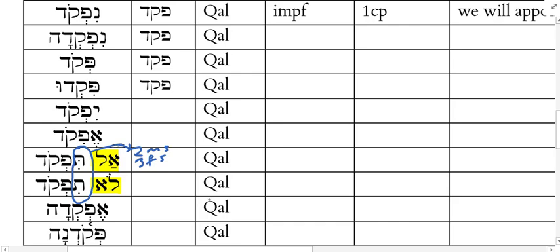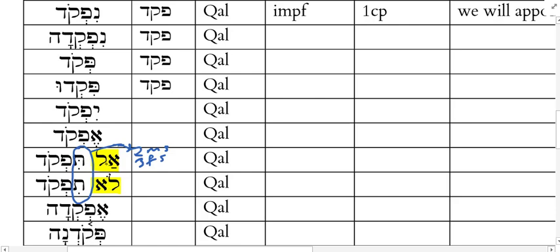Now, if I'm going with the third feminine singular form, then I need to realize that the al is marking jussive and lo is marking imperfect. So anytime I have two forms that are identical and could have been an imperfect or a jussive, then the thing that I need to look at is whether it's being negated or not.